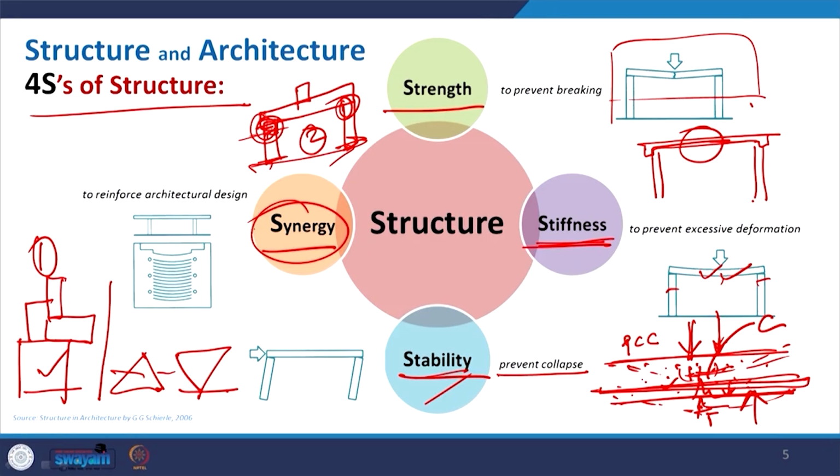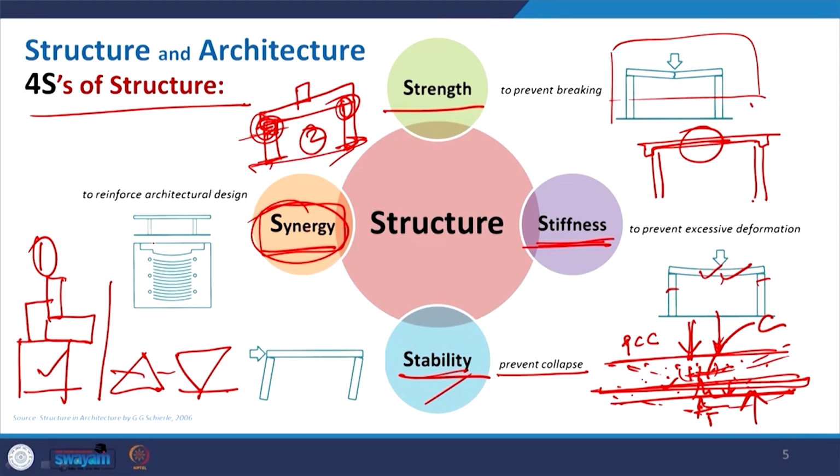If you want something to be very strong, stiff, and also stable, you must have a good synergy between those materials along with the design elements, so that we do not compromise our requirement. At the same time, we should not compromise the structural safety, so that my structure will be visually pleasant, structurally strong, and having good durability, it will stay for longer.